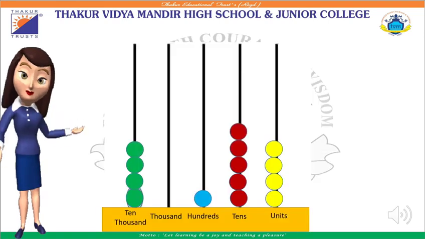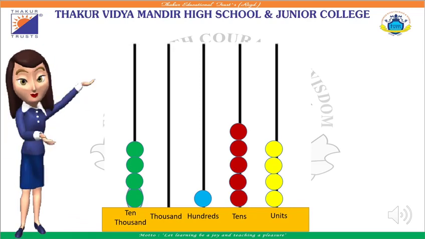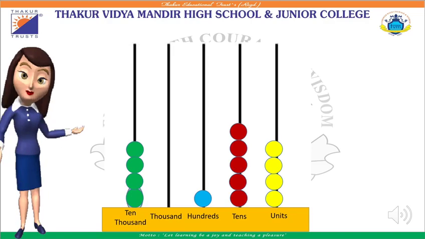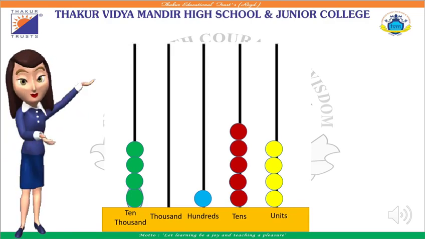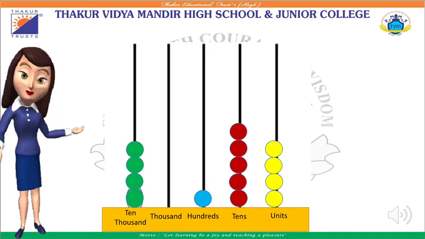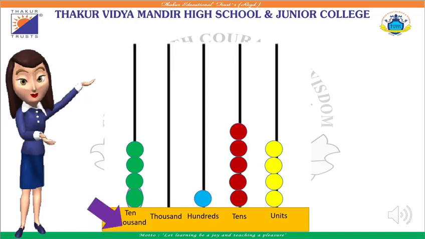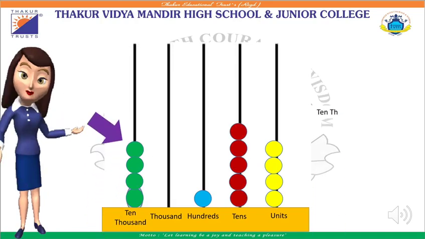See here, there are green balls in 10,000 place, blue ball in hundreds place, red in tens place and yellow balls in units place. So as I told you, we will start from the left hand side. How many balls are in 10,000 place? 1, 2, 3 and 4. So my first digit is 4.